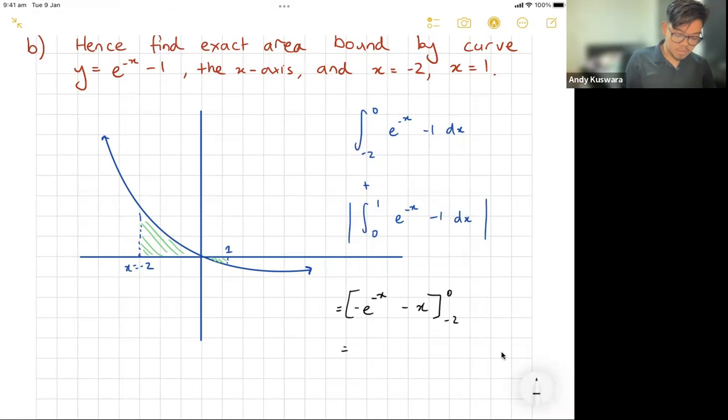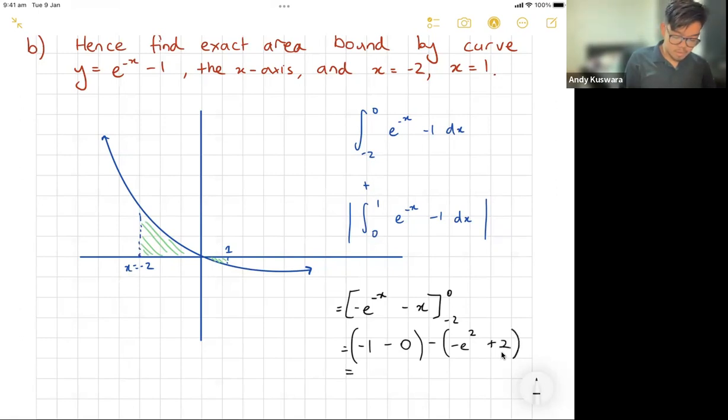This is going to equal negative e to the 0, which is -1, minus 0, and take away negative e to the 2, plus 2, because it's -2.